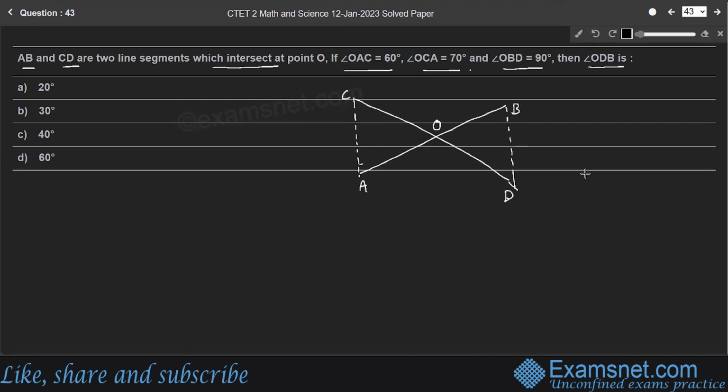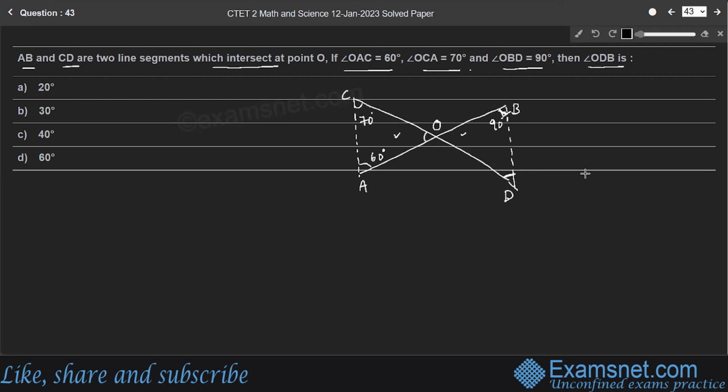So OAC, this angle is 60 degree. OCA, angle C is 70 degree. And OBD, the angle formed at B is 90 degree, a right angle, right? So we have to find ODB, this angle. Very simple, because of the intersection of two line segments, we have got two triangles, OCA and OBD, right?